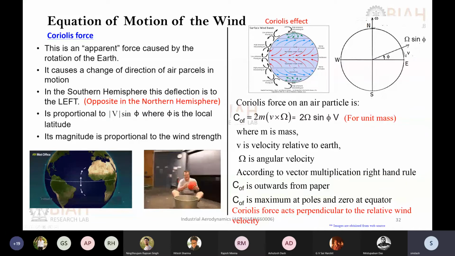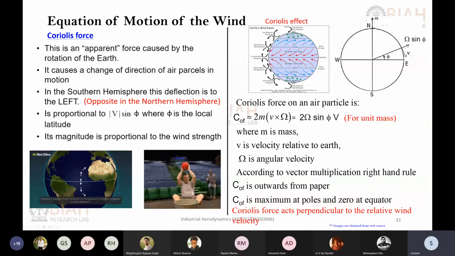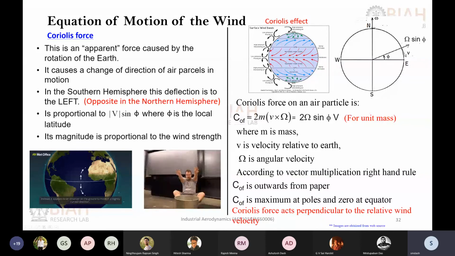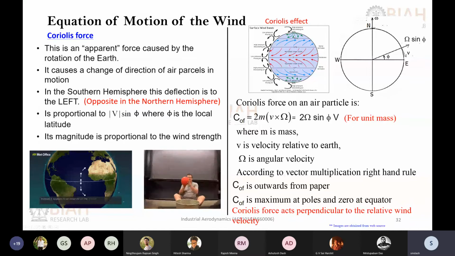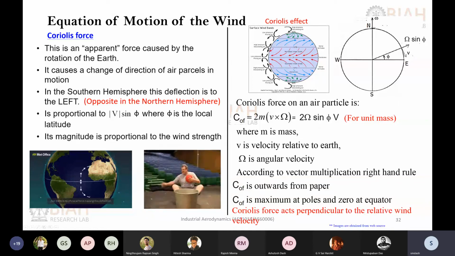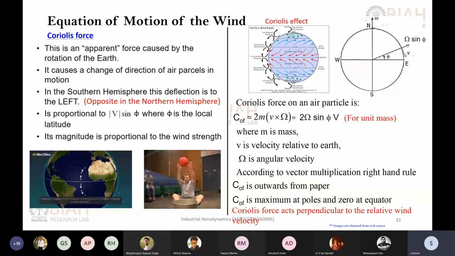Now the winds which are coming from the north to the equator will be deflected again towards their right, so it will be in this direction. That's why you see certain wind directions on different latitudes or different atmospheric circulation regions, which generally appear because of the Coriolis effect.